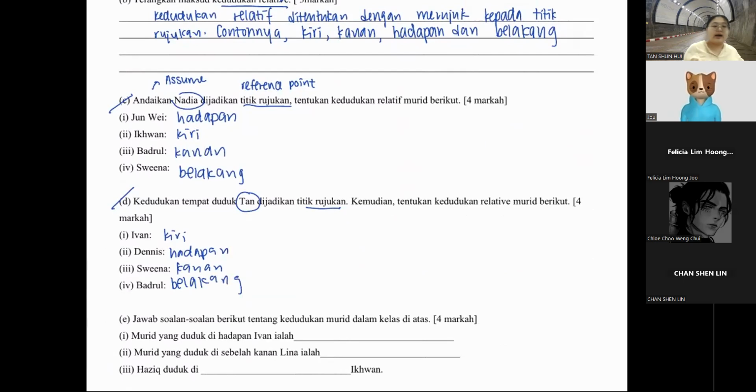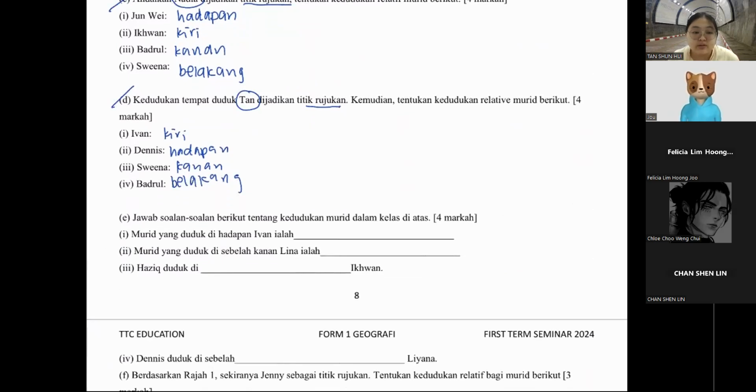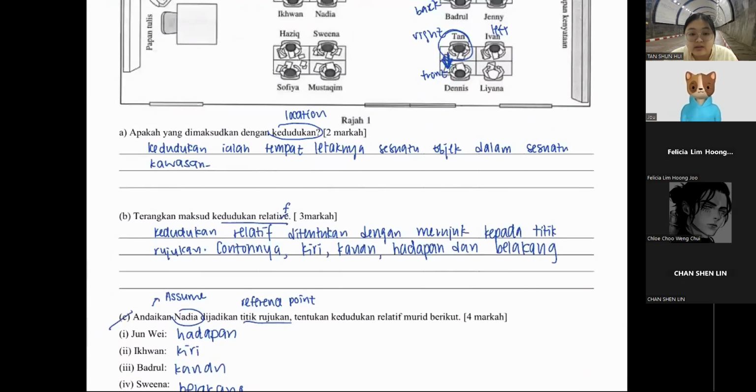Sometimes they will also ask you in another way, which is they tell you like this. They say, jawab soalan-soalan berikut tentang kedudukan murid di kelas di atas. So instead of giving you the titik rujukan, they will straight away ask you, murid yang duduk di hadapan Ivan. Who sits in front of Ivan?